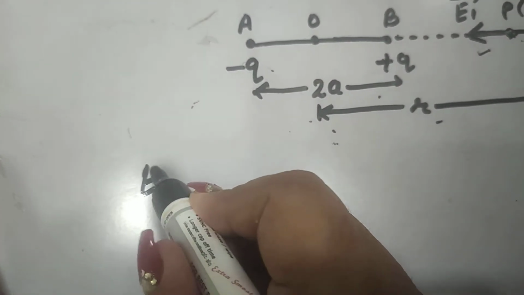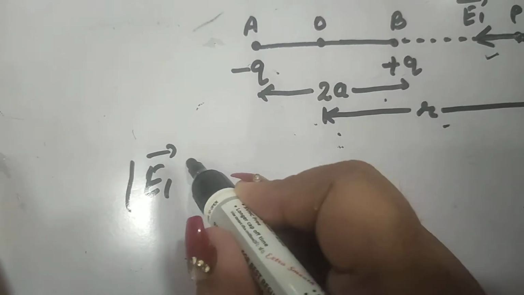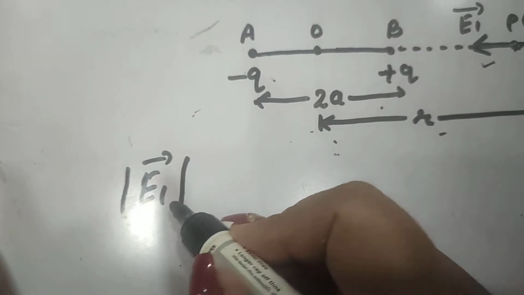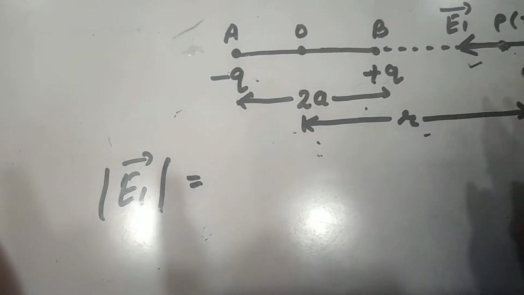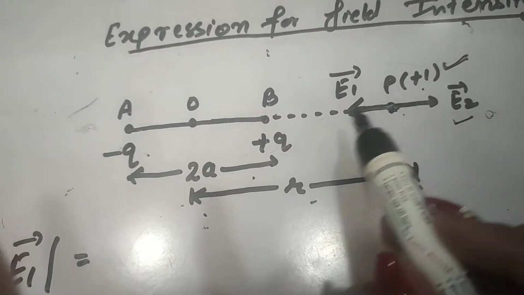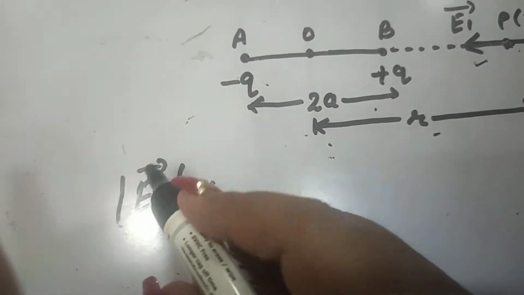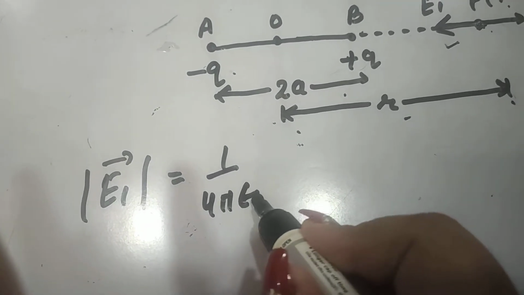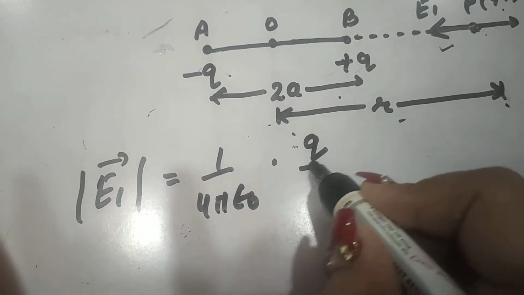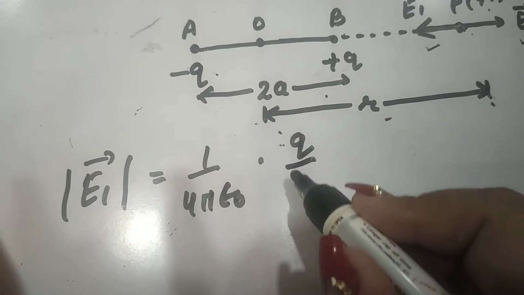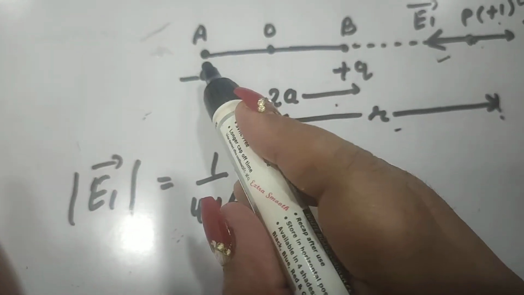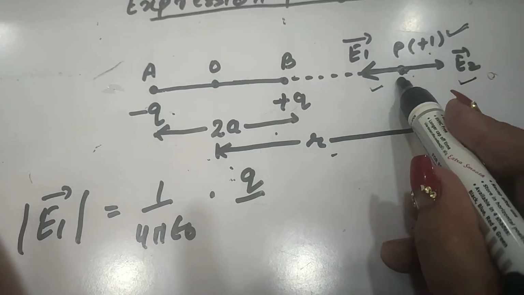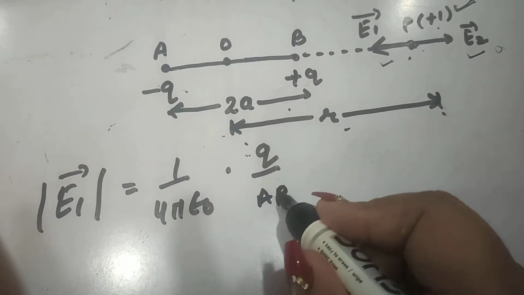Let E1 vector, this mod indicates we are finding the magnitude. E1 is the electric field intensity at point P due to charge minus q. So E1 is equal to 1 upon 4 pi epsilon naught q upon r square, where r is here AP square.